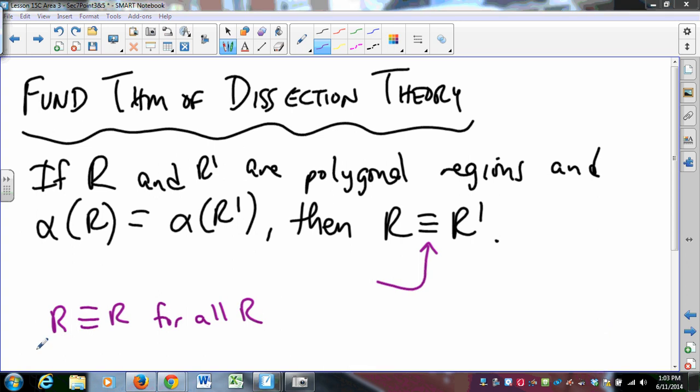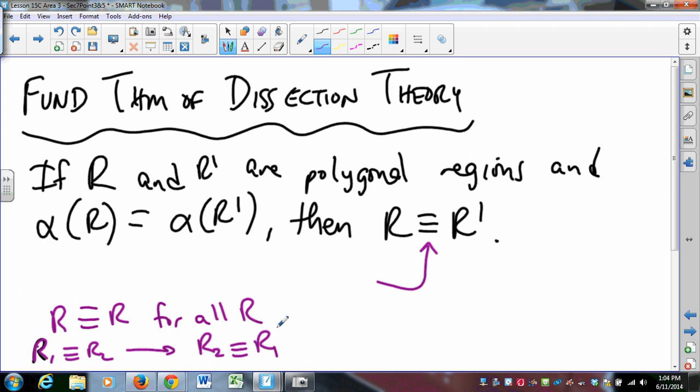This is symmetric. If R1 is equivalent to R2, then R2 is equivalent to R1. Whatever correspondence takes these triangles to there, we just reverse the bijection from these triangles to those.